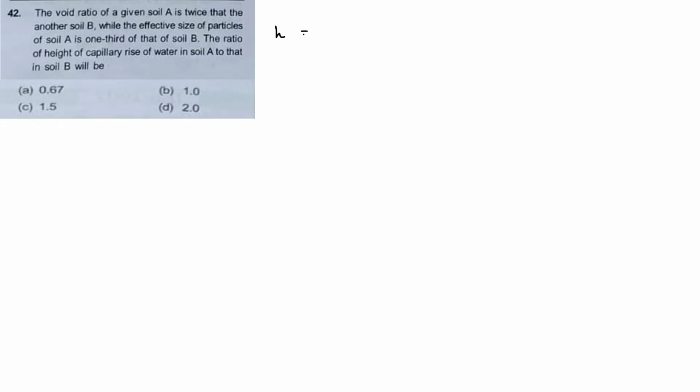So height of capillary rise in terms of the void ratio and the effective size is some constant divided by e D10. So eA, the void ratio of soil A is twice that of soil B, so eA is equal to 2 times eB, while the effective size of particle A is one third of that of B, so D10A is one third D10B.